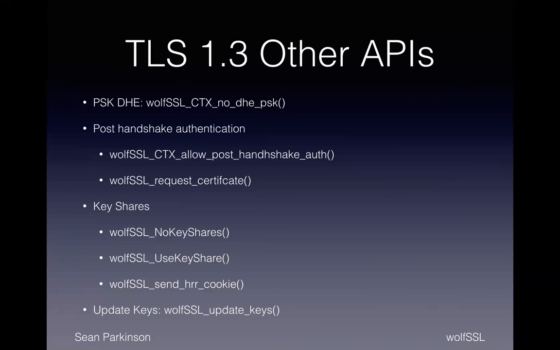Also, a call to wolfSSL use key share in the server can be made, and it can improve performance. So if the key exchange algorithm to be used between server and clients is always the same, then pre-generating the key can save time, which would otherwise be spent waiting for a new connection.